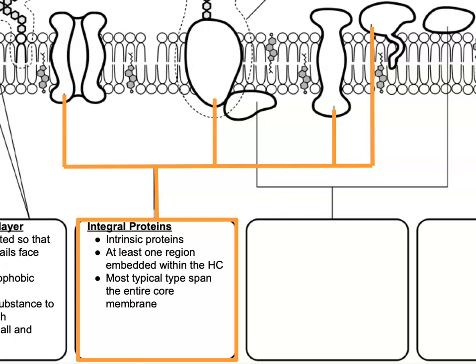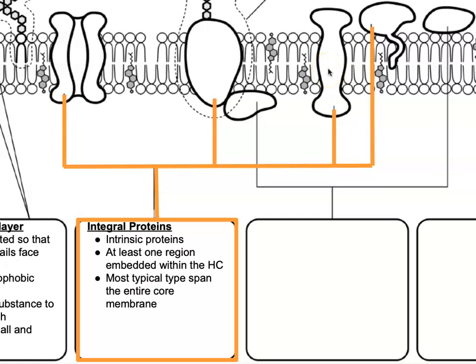These are also known as intrinsic proteins. Integral proteins have at least one region embedded within the hydrophobic core of the bilayer. The most typical type of integral proteins are transmembrane proteins, which span the entire bilayer. These can be exemplified here, here, and here.